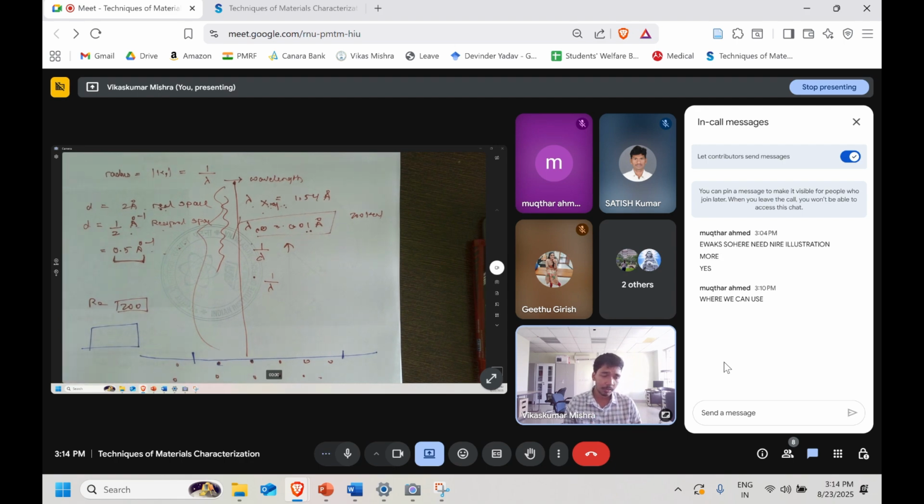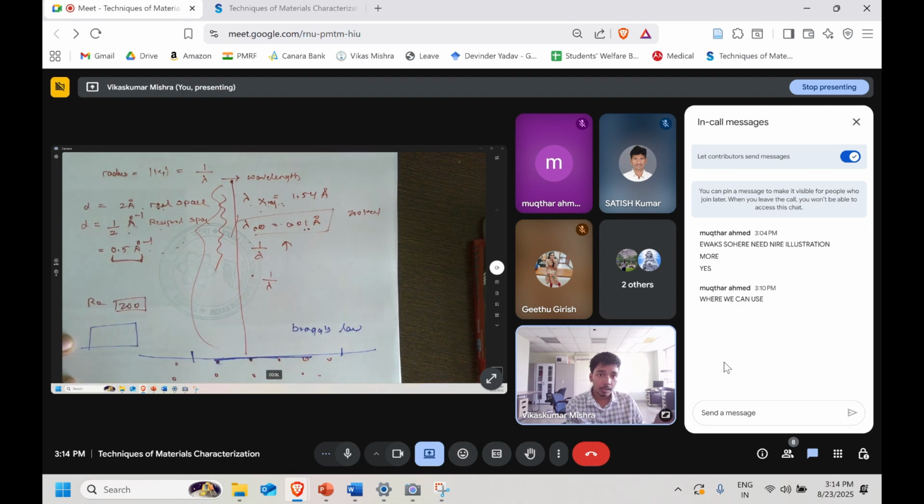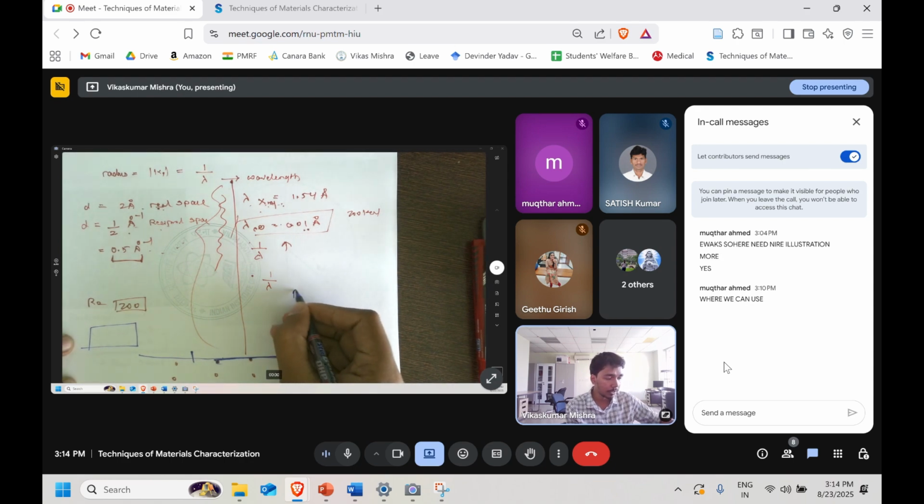So all of the points, since they are touching the Ewald sphere, will satisfy Bragg's law. Since they are satisfying Bragg's law, we can say they will contribute to the diffraction pattern.